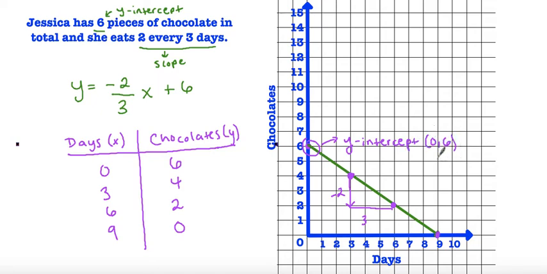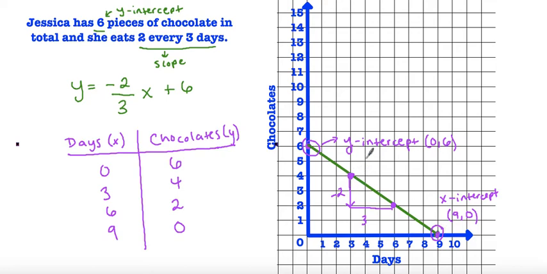Okay, and that's it. So just one thing that I want to point out about these two, and I'll return back to the other example, is you'll notice that our graph also crosses the x-axis. And what this point means here is that after 9 days, she has 0 chocolates. So this is actually our x-intercept, because it intersects the x-axis.